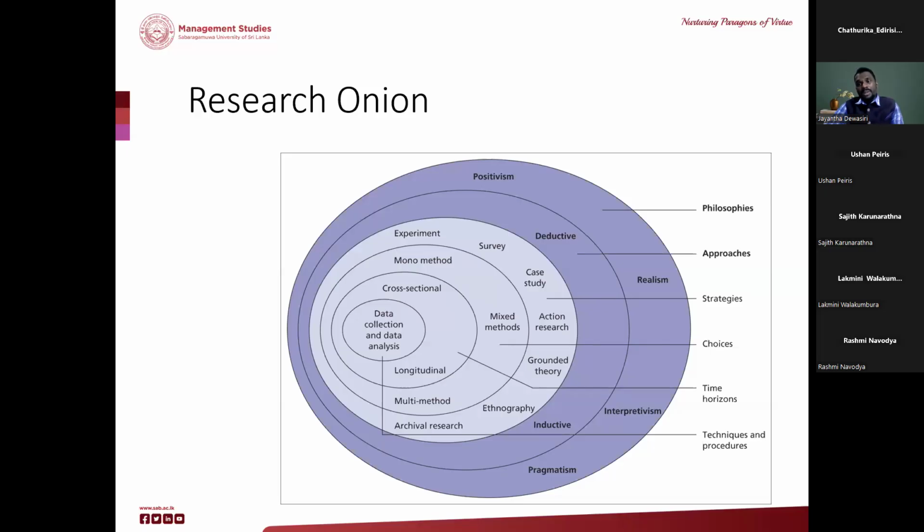When it comes to realism, realist researchers investigate the cause of a phenomenon. So what is the cause? Pragmatism is the other way around. Pragmatist researchers are practical researchers.